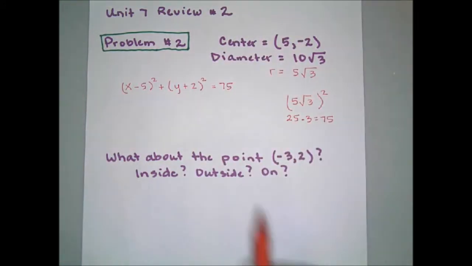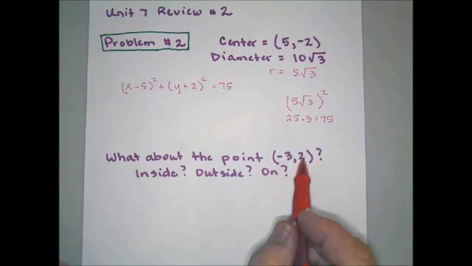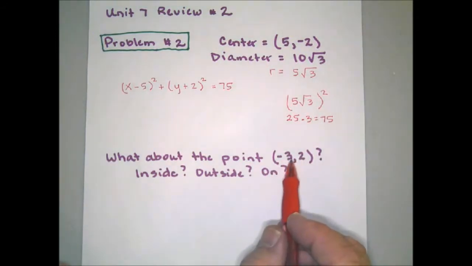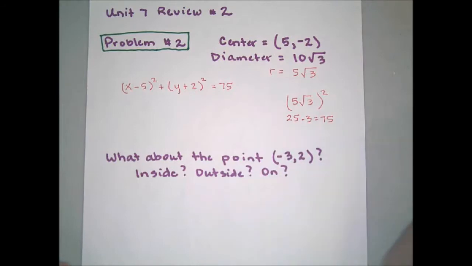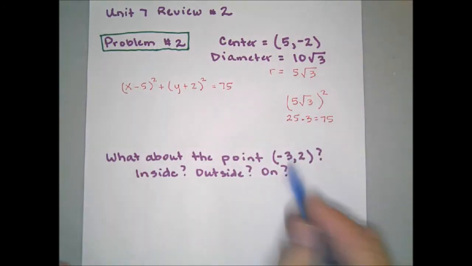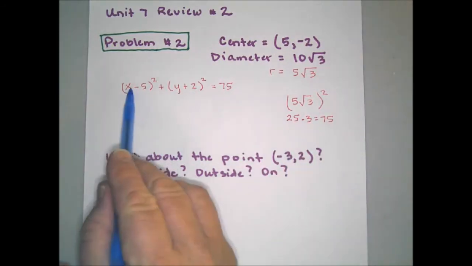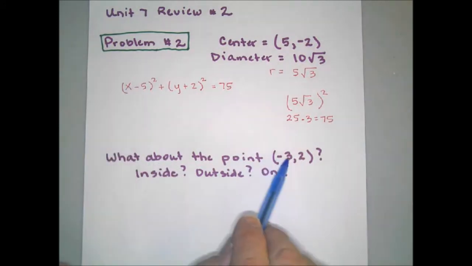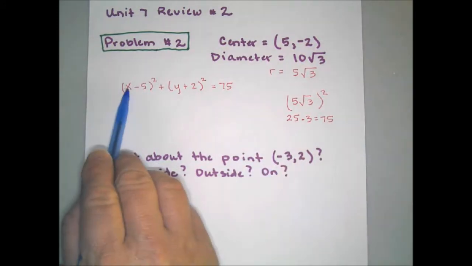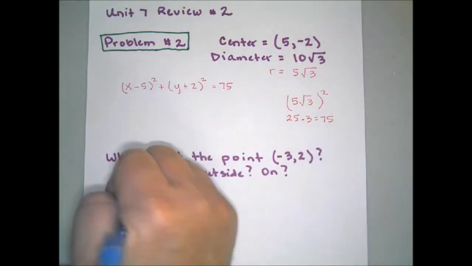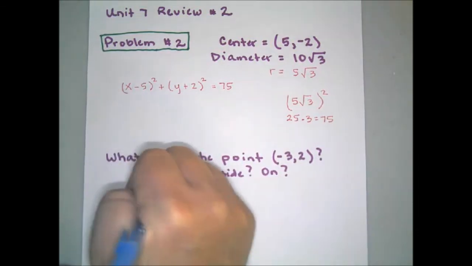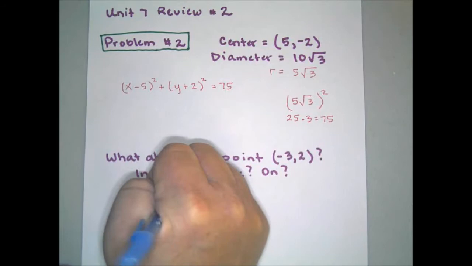Now, let's just test this point to see whether it's inside, outside, or on the circle. All we're going to do is substitute. We're going to go back to the equation, and we're going to put a -3 in that x position right there. So -3 minus 5 squared.